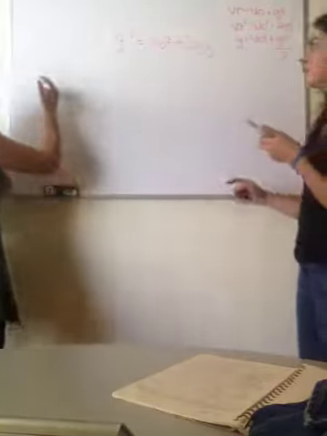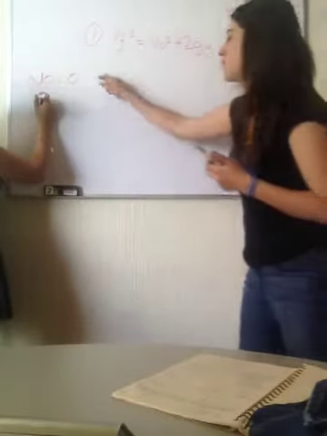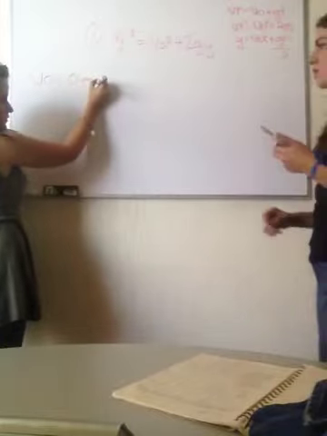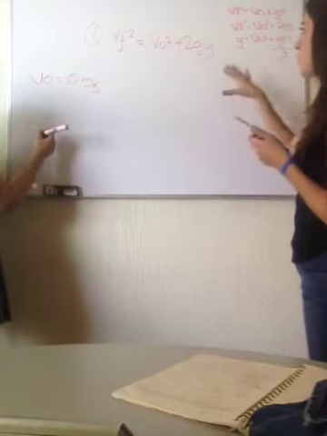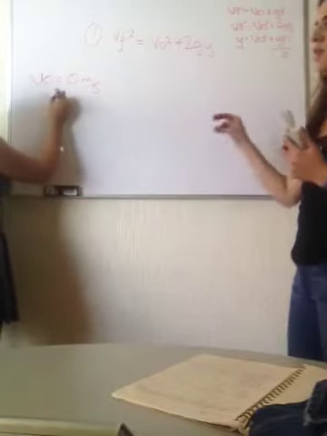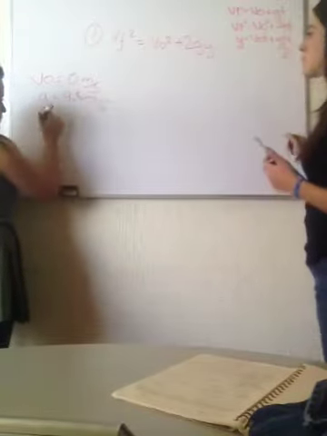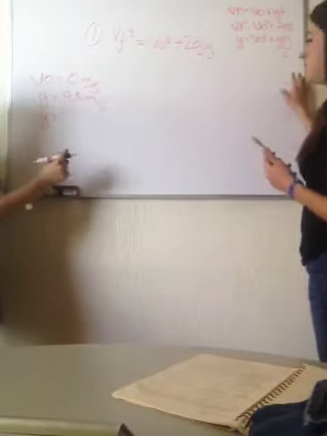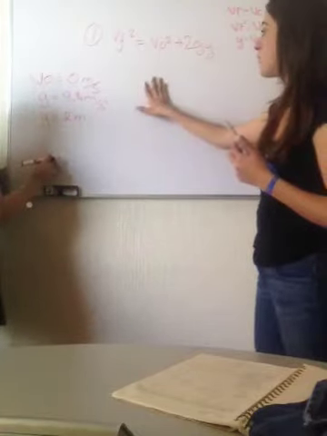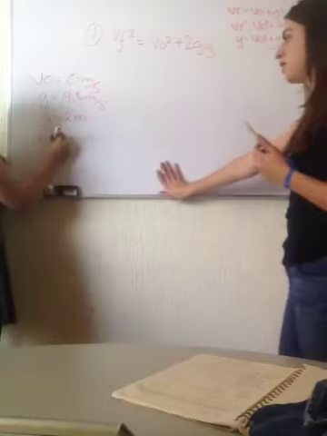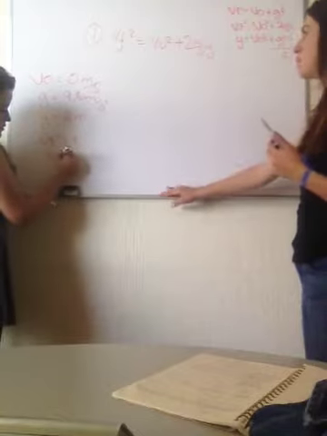The initial velocity is 0, the gravity is 9.8 meters per second squared, and the distance is 2 meters. We want to know the final velocity and the time.